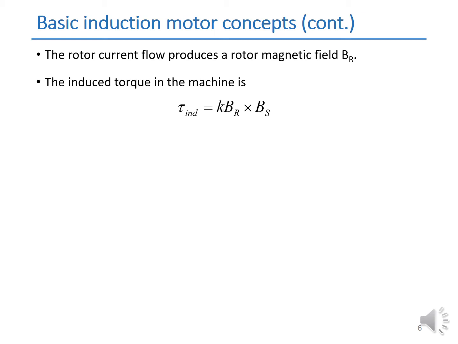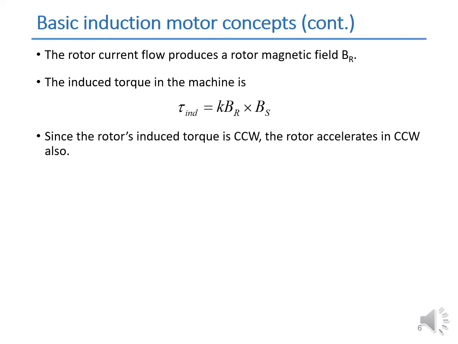The presence of two magnetic fields, B_R and B_S, while B_S is rotating, will in turn induce torque in the machine, and the torque is given by k B_R cross B_S.